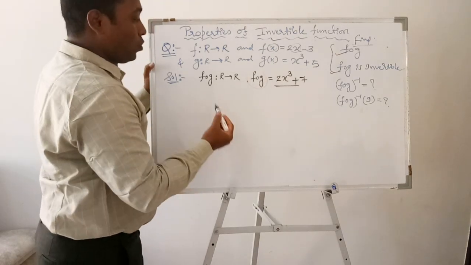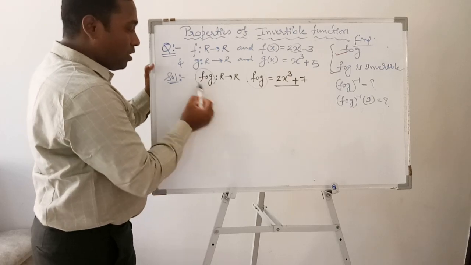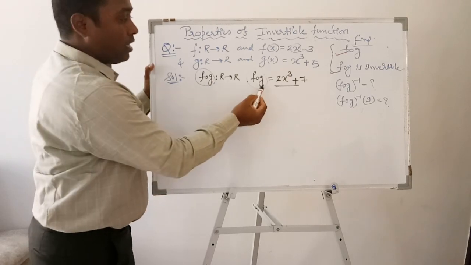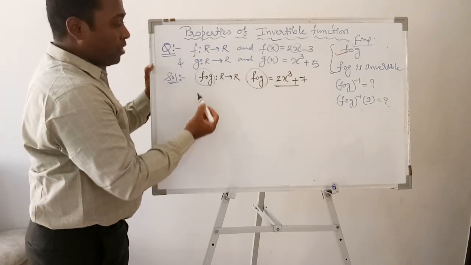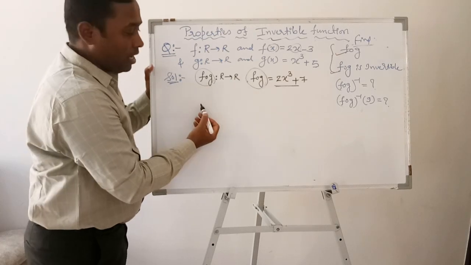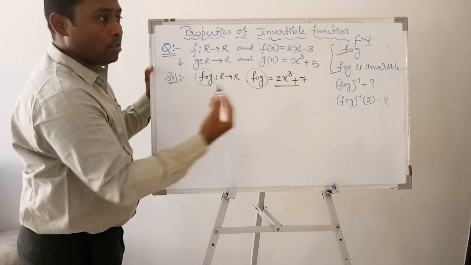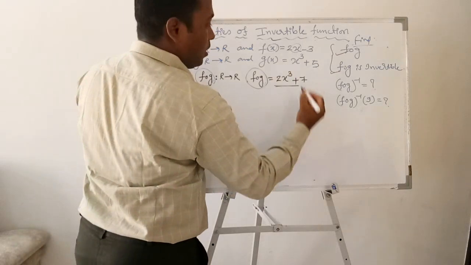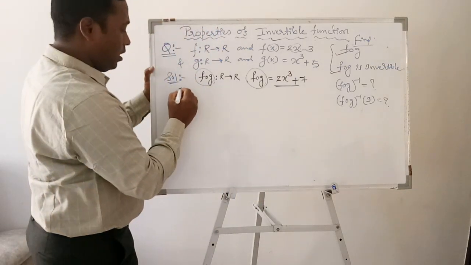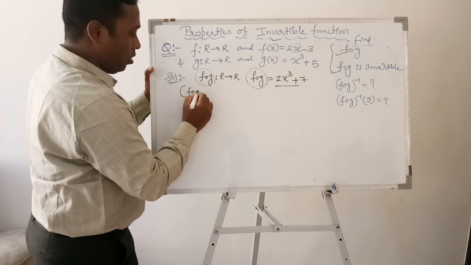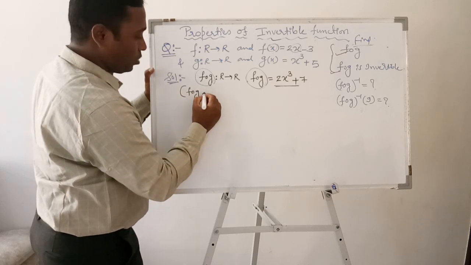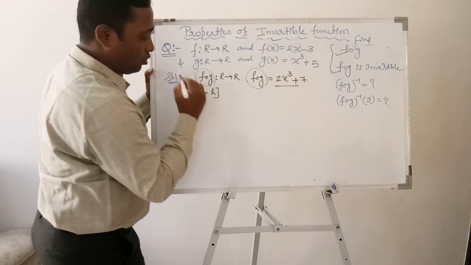Okay, to make it convenient to speak, I am assuming for the time being the fog to be some other function, let's say h. So I am just assuming that the composition of this function is the h function.